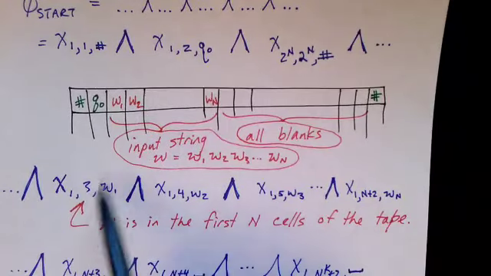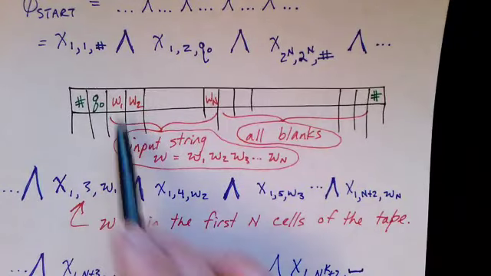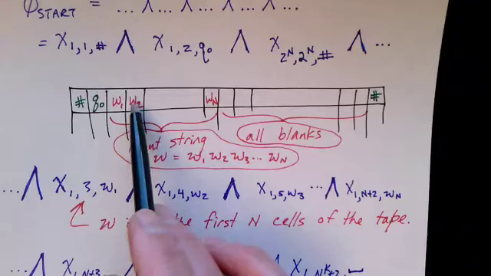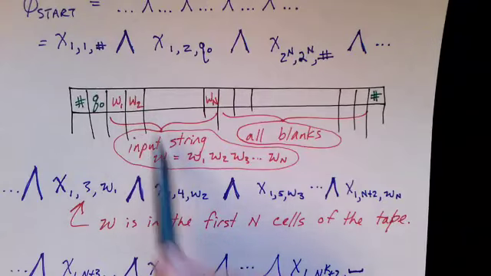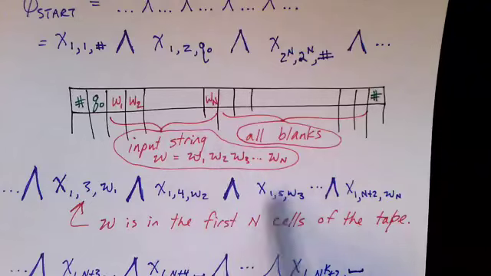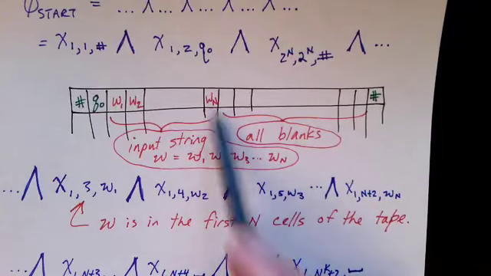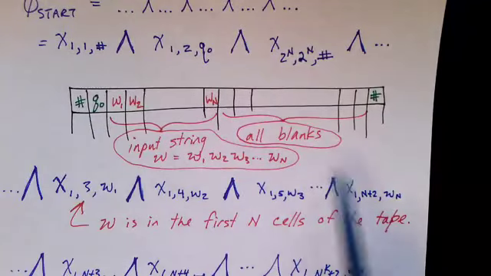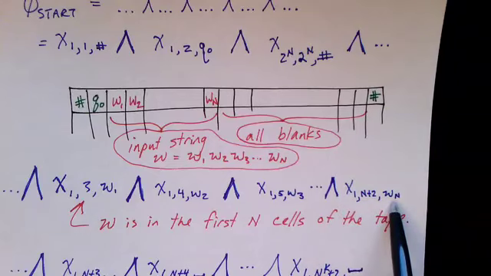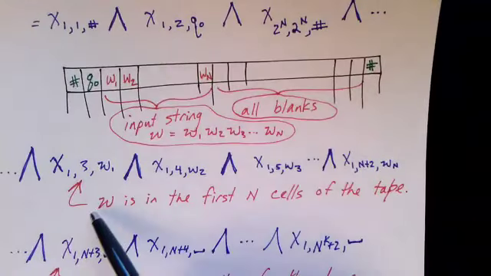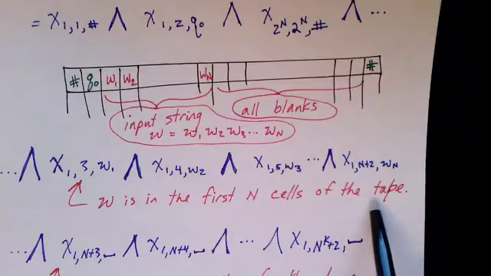So in the third cell, 1,3, we need w1. In the next cell, 1,4, we need the second symbol from the input string, w2. And so on all the way up to this cell, n plus 2. It should contain the last symbol of the input. So that's the constraint that w is in the first n cells of the tape.